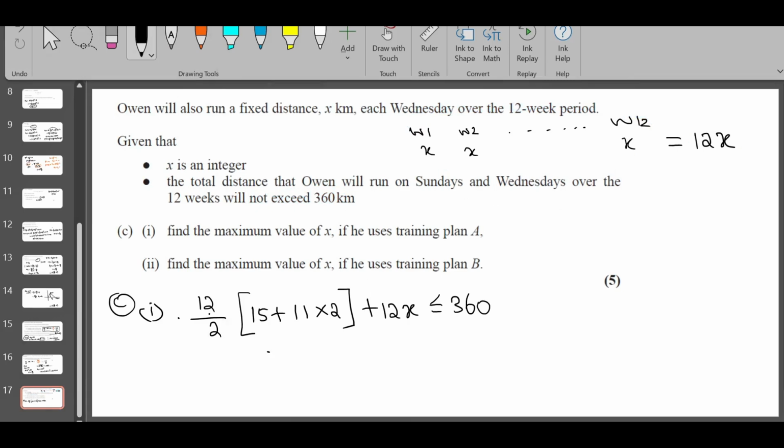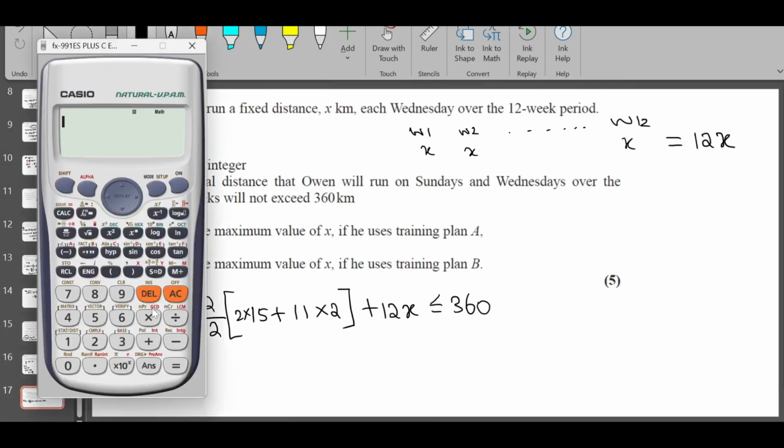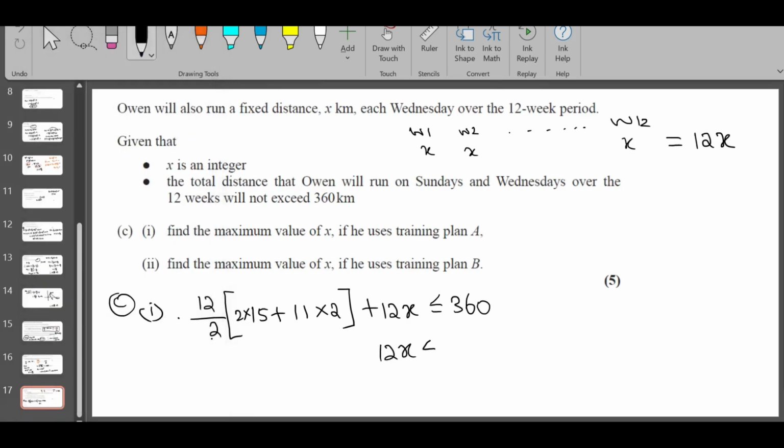So we need to calculate this, but sorry, in the formula it's 2a, not just a. So 6 times 30 plus 22 is 52. 312. So it goes to the other side. 12x should be less than or equal to 360 minus 312.